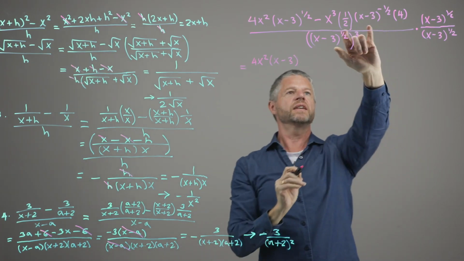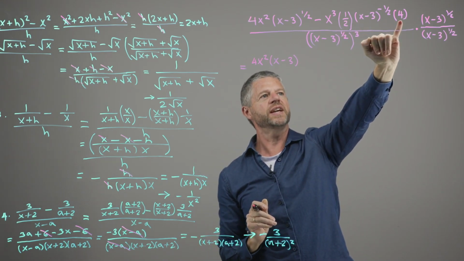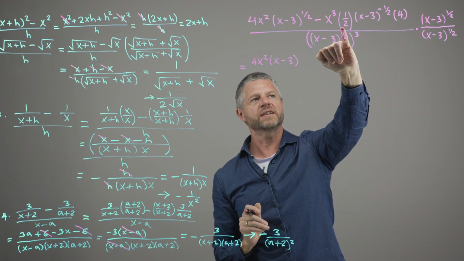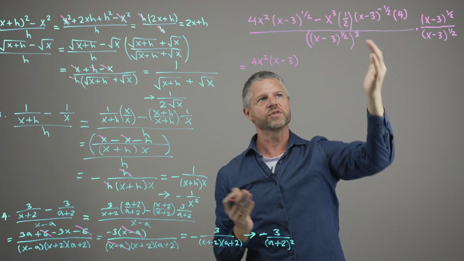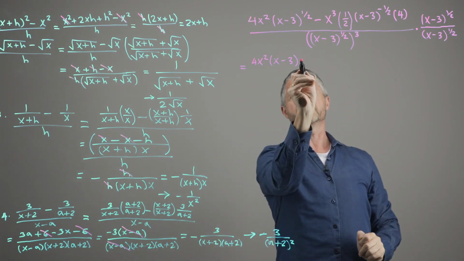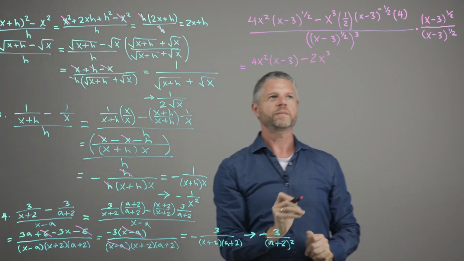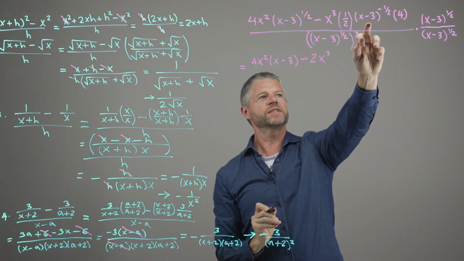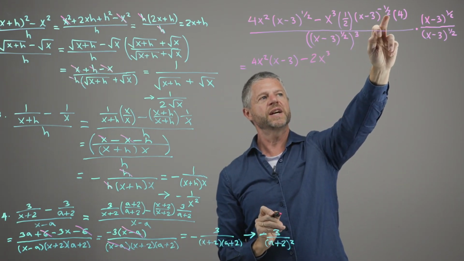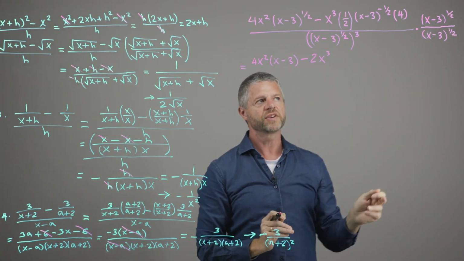And then this next piece, I'm going to put the 4 here and the half here together. So 1/2 times 4 is 2. And there's not a lot I can do with the x cubed yet, so I'll just pull the 2 out in front. And then I've got x minus 3 to the minus 1/2 times x minus 3 to the plus 1/2.